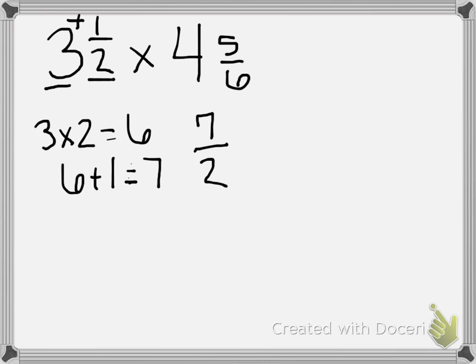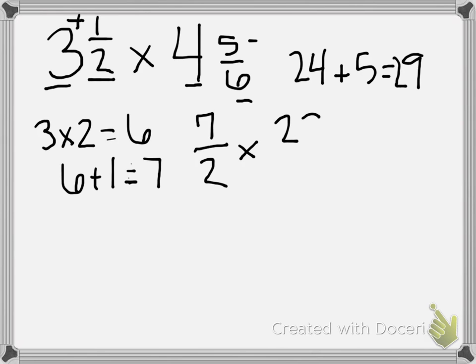Same for 4 5/6. 4 times 6 equals 24, plus my 5 equals 29. So that gives me 29 over 6 because I keep my same denominator.